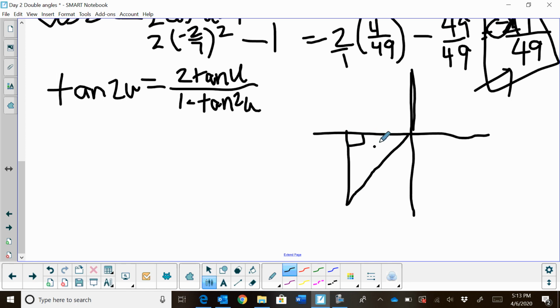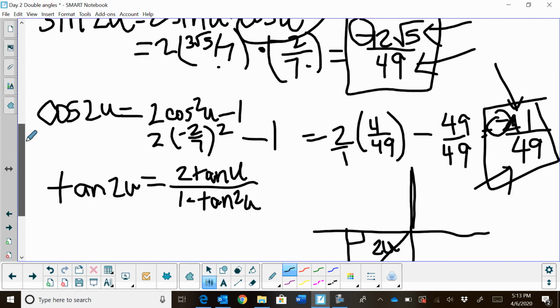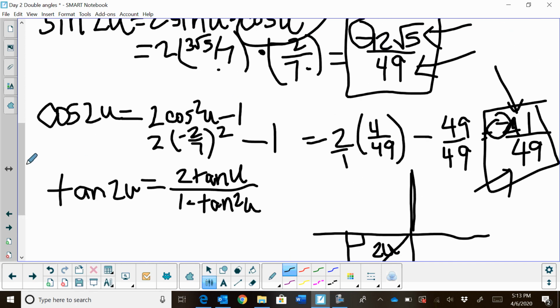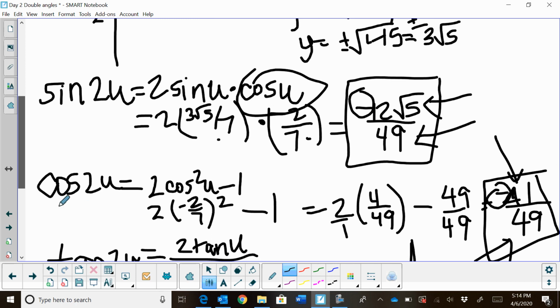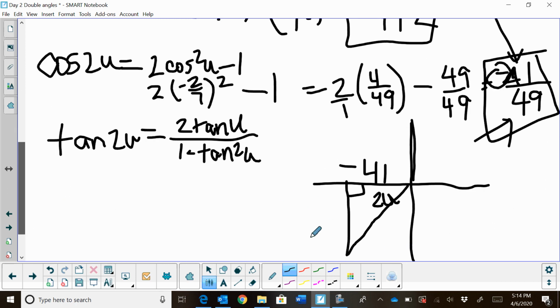And this is the double u angle. I know that my adjacent is going to be -41, my opposite is going to be -12 root 5, and I know my hypotenuse is 49.